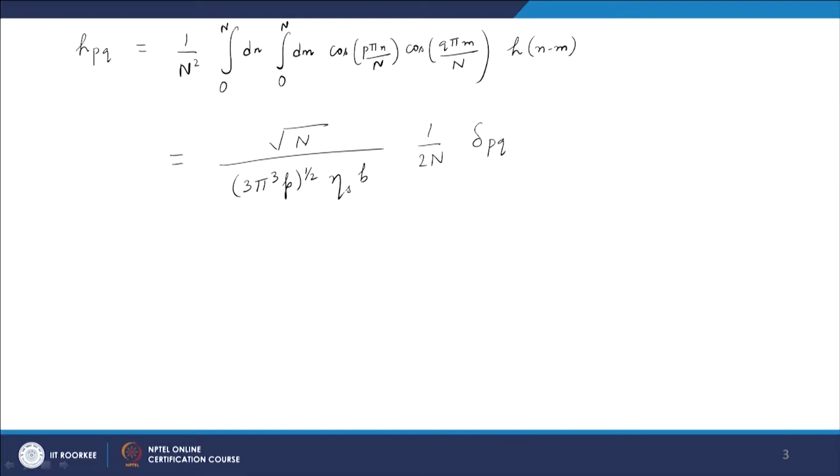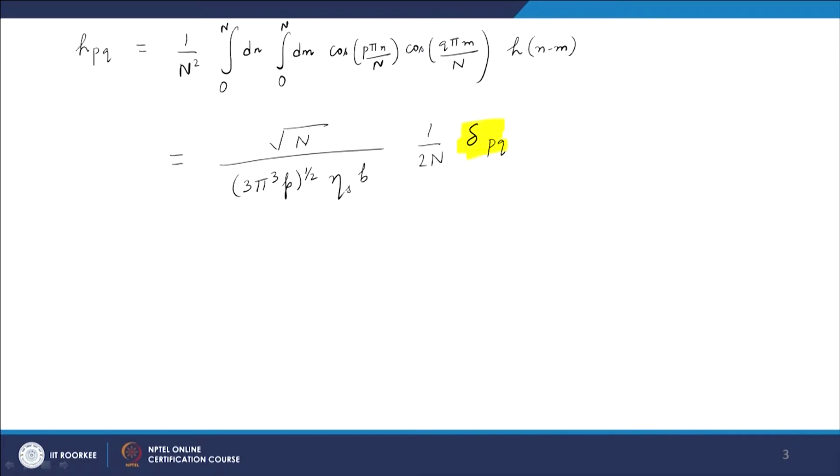We get something like this, which is a diagonal matrix because of the presence of the term right here. So, H_pq is a diagonal matrix, and this entire term except the Kronecker delta I can write like some H_pp because it is a function of p alone, not q.